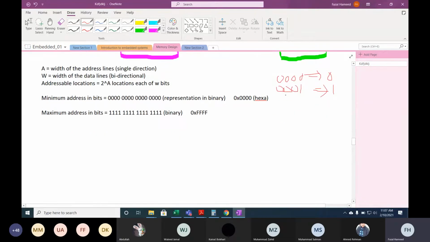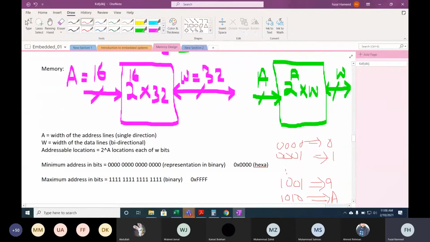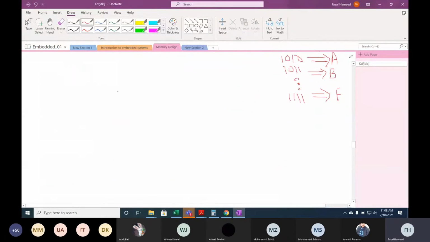Then it goes on, and 1001 is equal to 9. 1010 in hexadecimal is equal to A. 1011 is equal to B, and so forth. We continue this until 1111, which is the maximum and is equal to F. So the memory will look like this.